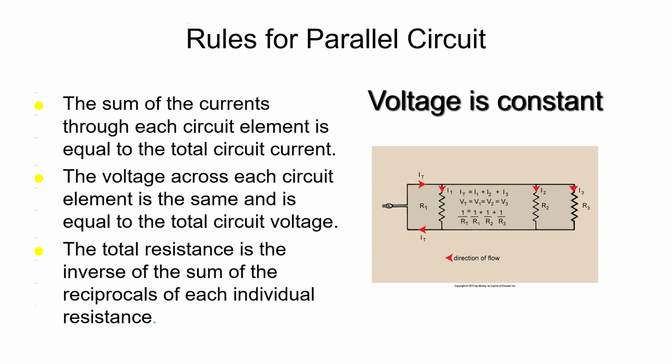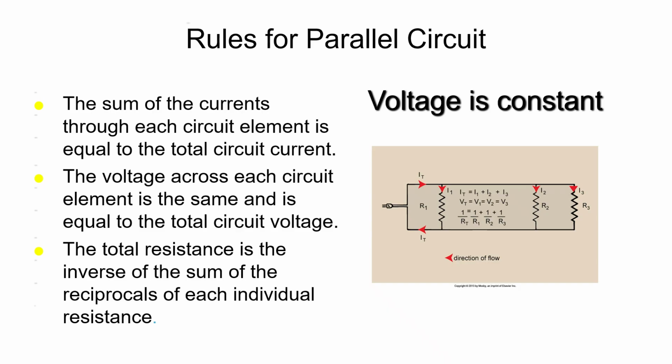Voltage, the force acting on the electrons, is the same no matter which path they choose. The total resistance is the sum of the reciprocals. So the reciprocal of the total resistance is the sum of the reciprocals of each of the individual resistances. Wow, that is complex.